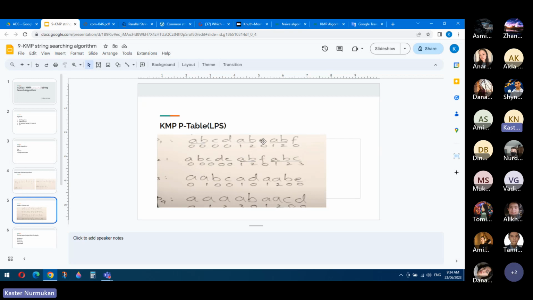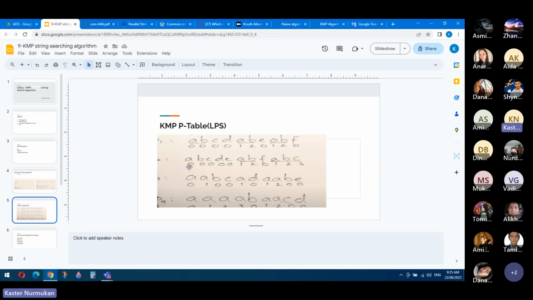But after that, E has not appeared before, so that is 0. A starts appearing again, but because it is already at the A position and has been reset, that's the reason for 0. A is 1, B is 2. Then again, F doesn't appear before, so it resets back to 0. So that's the table.